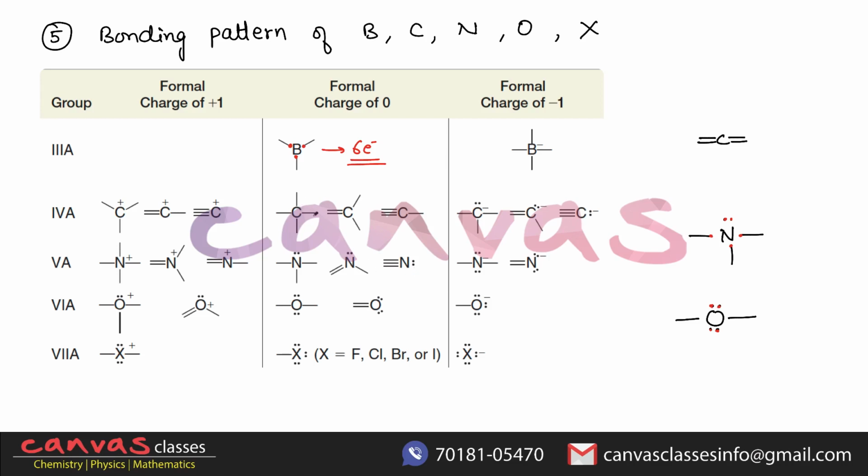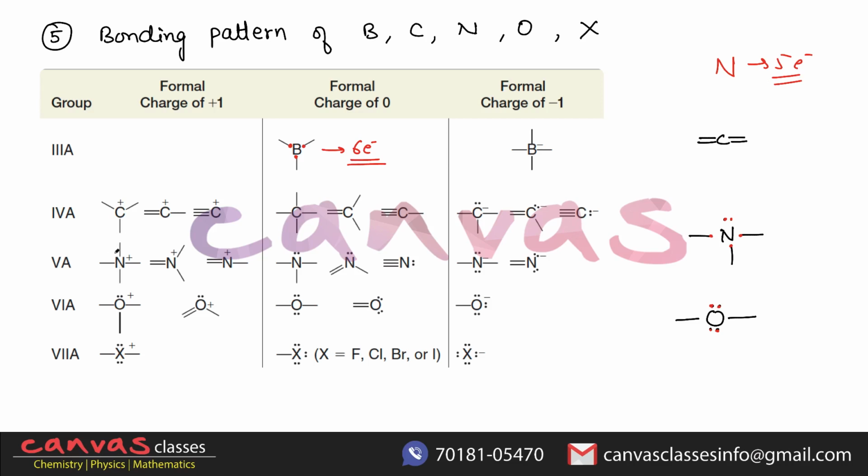For example, when carbon had 4 electrons, it made 4 bonds: 4 single, 1 double and 2 single, 1 triple and 1 single, or 2 double. Now, let's take the example of nitrogen with a positive charge. Nitrogen normally has 5 valence electrons. If it loses one of them, it will have only 4.